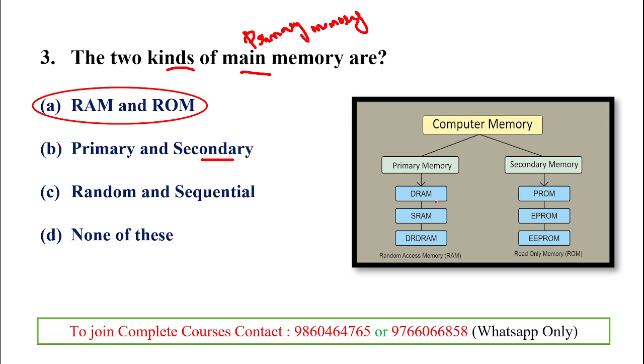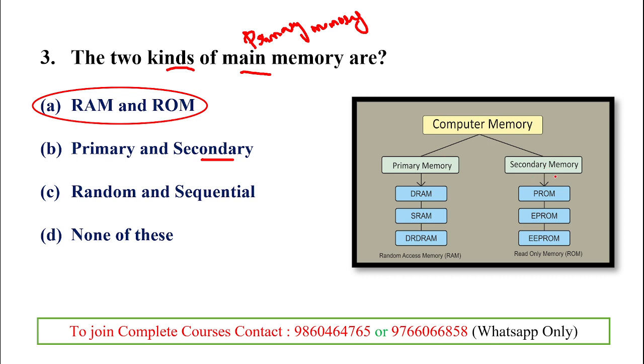In primary memory, you can see DRAM, which is one of the categories of RAM, random access memory, and SRAM, the other important division of RAM. So these are the important classifications under primary memory.